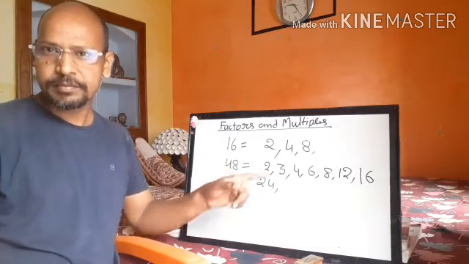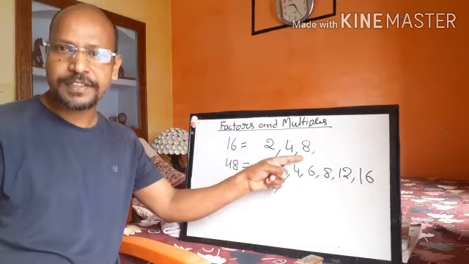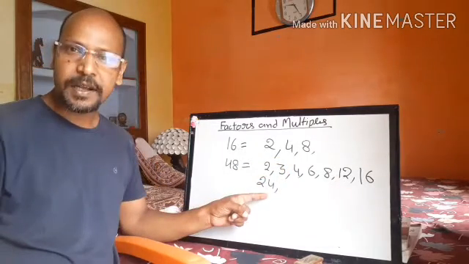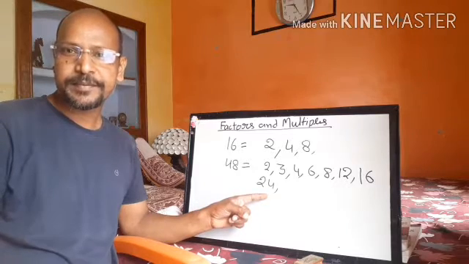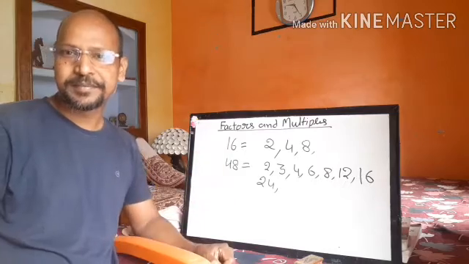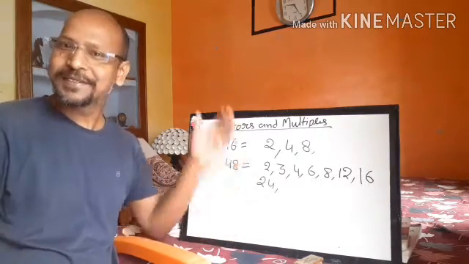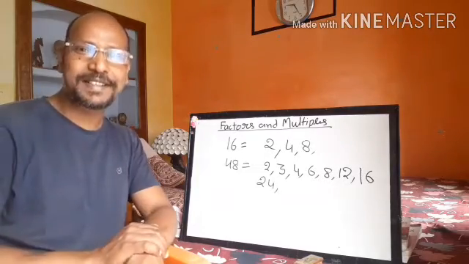There is a trick also. You can see here 8 is half of 16 and 24 is half of 48. So when you reach half of the given number, stop finding the factors. No need to find further. It is a trick. Keep it in your mind.